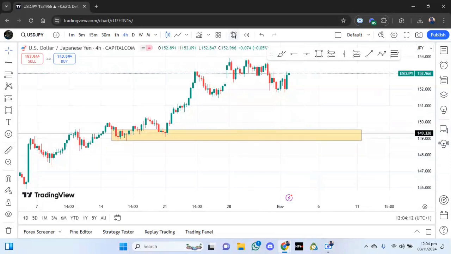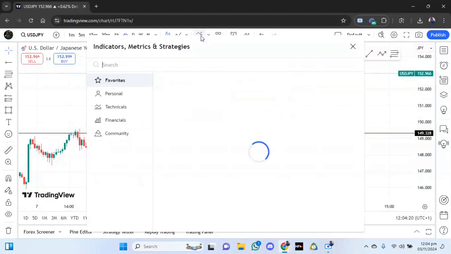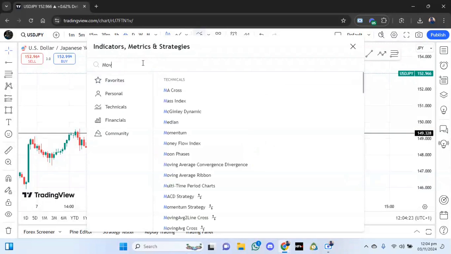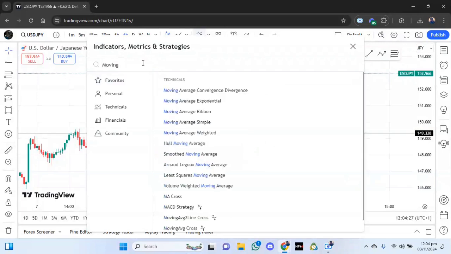And also indicators. Most people are not fans of using indicators, and I don't really use indicators a lot when I'm trading, but they are very, very good helpers, if you know what I mean. So we're going to look for the exponential moving average.